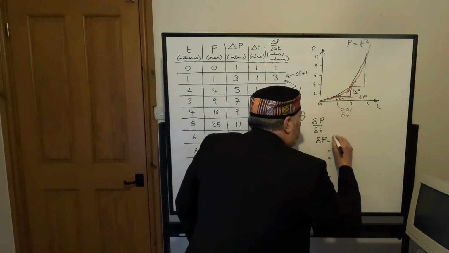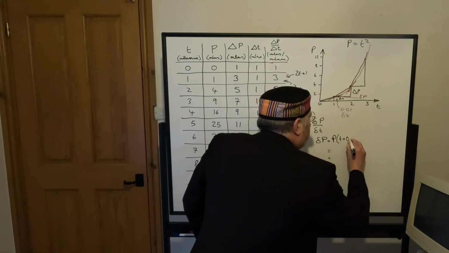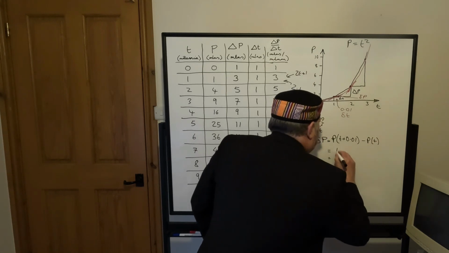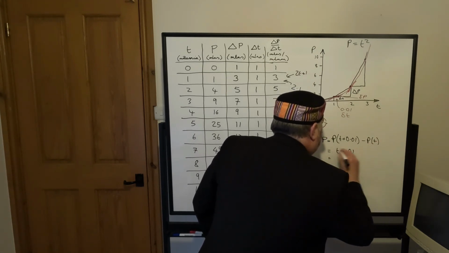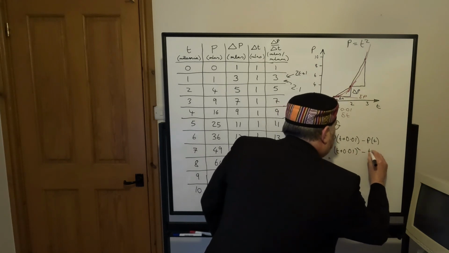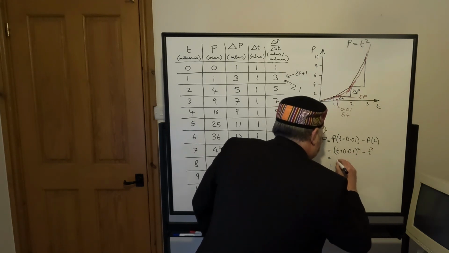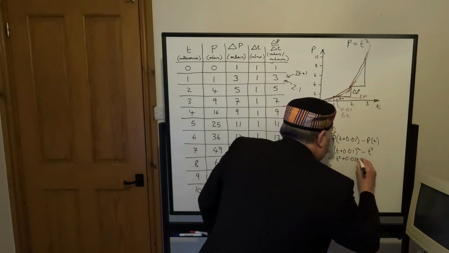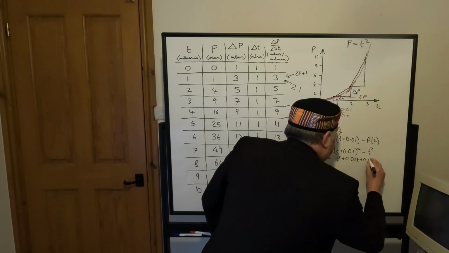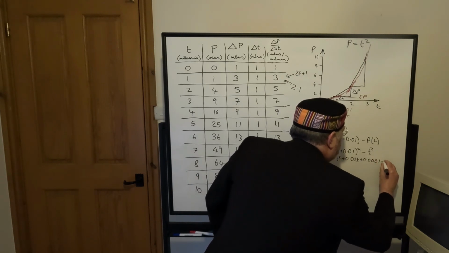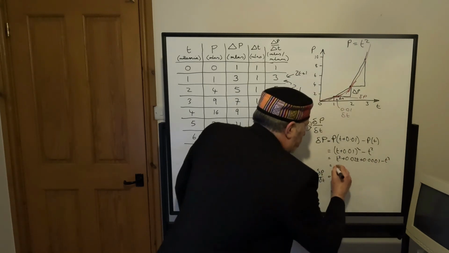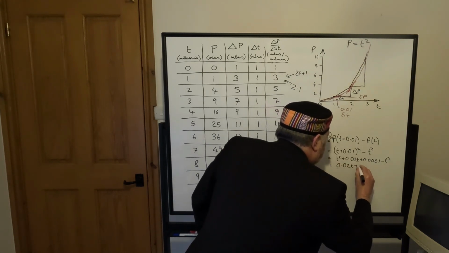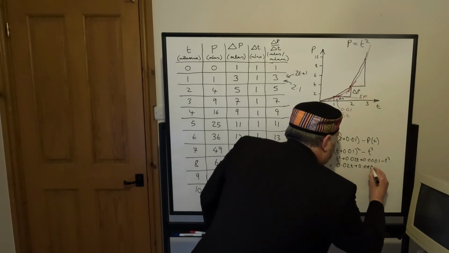This is going to be p of t plus 0.01 minus p of t now, which is t plus 0.01 squared minus t squared, which is t squared plus 0.02t plus 0.0001 minus t squared, which is just 0.02t plus 0.0001.